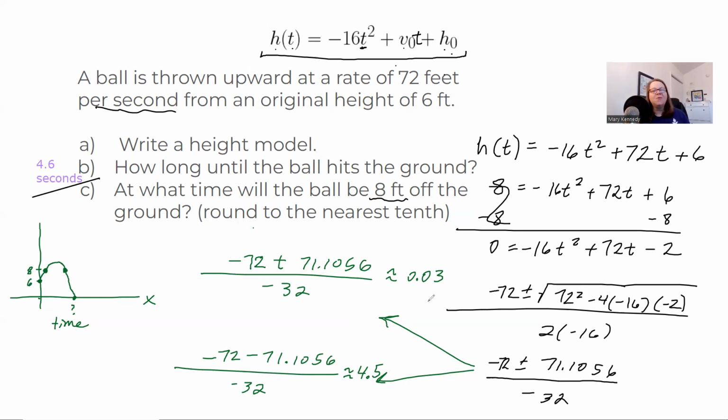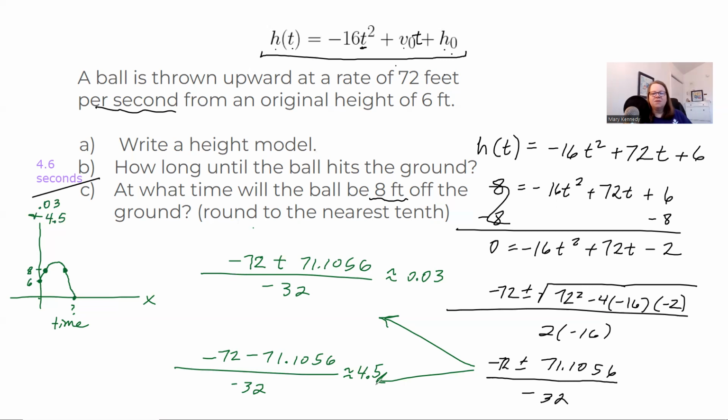One is 0.03 seconds after it's thrown. That makes sense. If you throw the ball from 6 feet to get to 8 feet, that's a really small amount. It should be very quick, and in this case it is 0.03 seconds. It's also going to be there as it comes back down to the ground after 4.5 seconds.